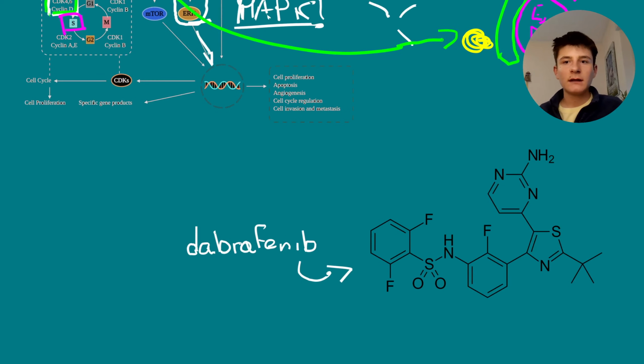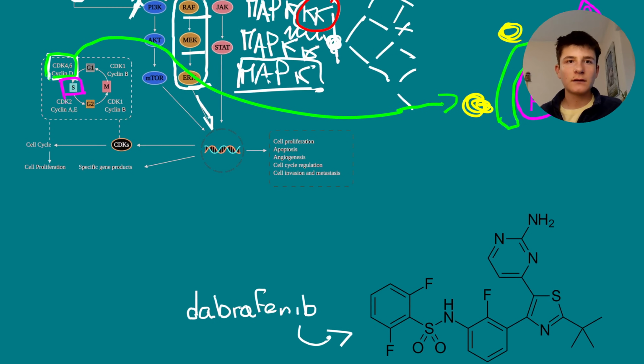Dabrafenib is an inhibitor that targets RAF. So this molecule right here targets RAF. And you can know molecules that target this pathway, I think RAS and RAF, because they end by IB or NIB. And so this is a small molecule that I think is in commerce for treating melanoma or something like that.